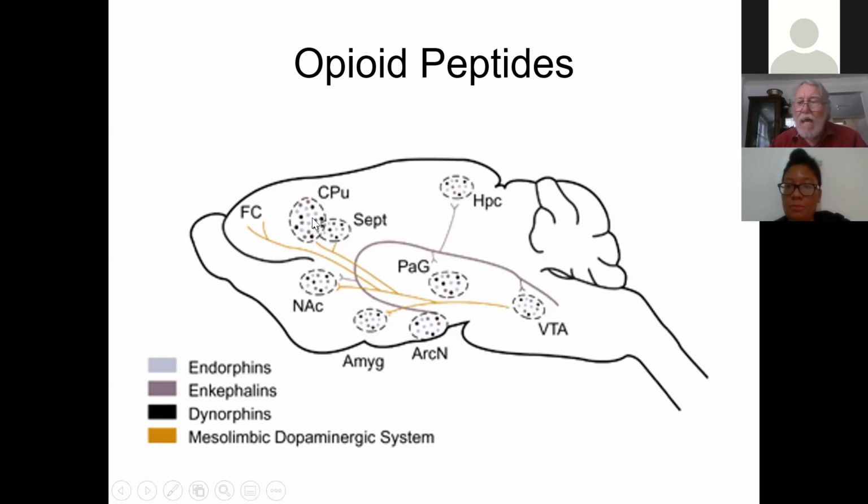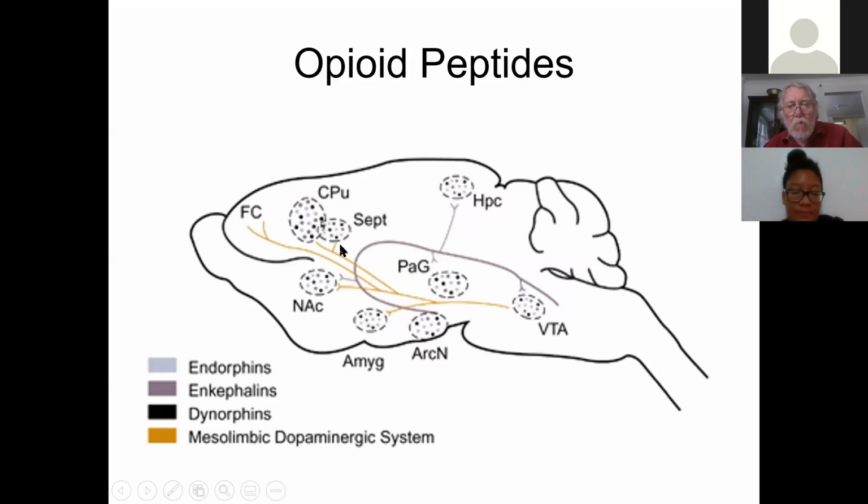And we saw that when we looked at the caudate and putamen, and we looked at the direct pathway. So where dopamine binding to D1 receptors produces excitability and will act on the release of enkephalins from the caudate and putamen down to the globus pallidus.